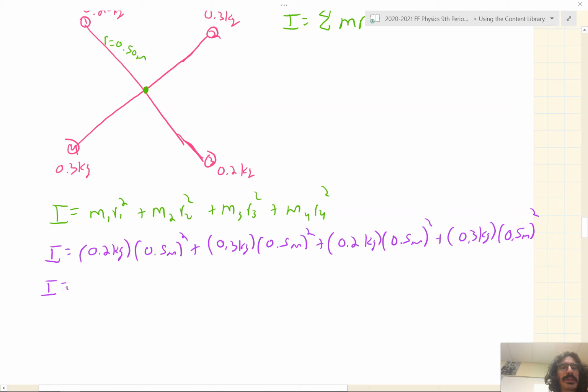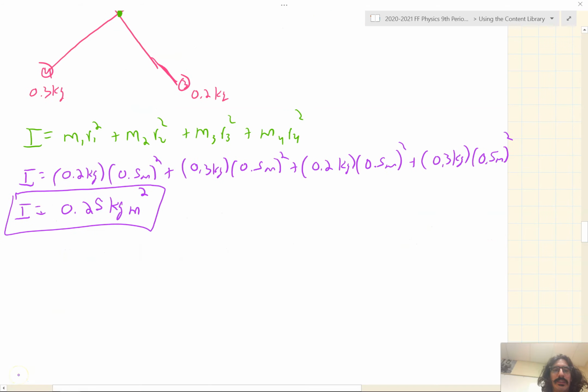Plug and chug and we get our moment of inertia to equal 0.25 kilograms times meters squared. Next question.